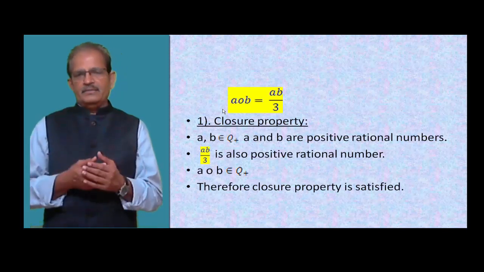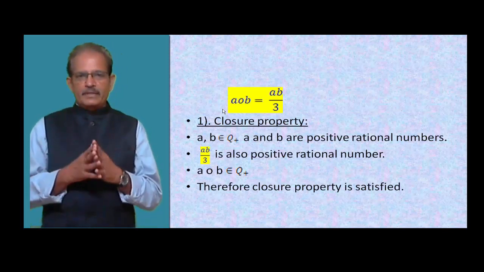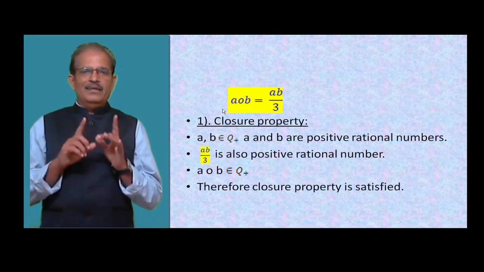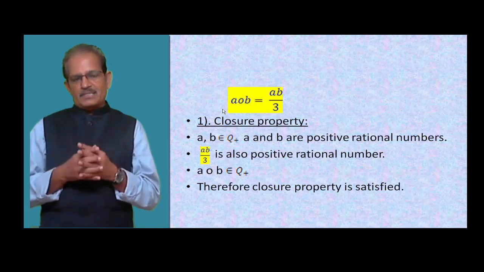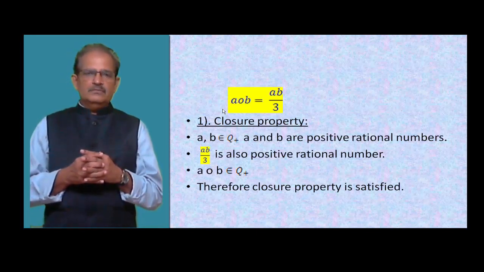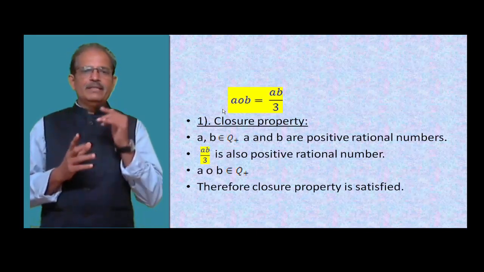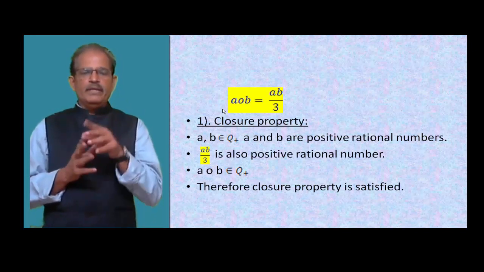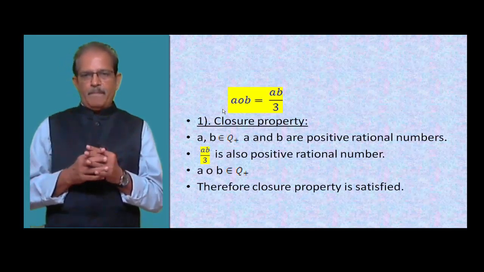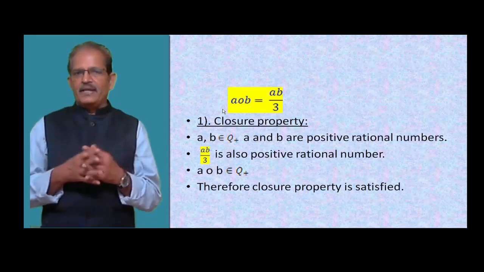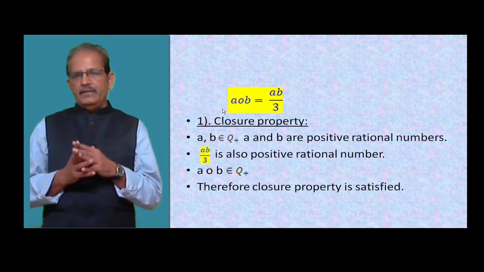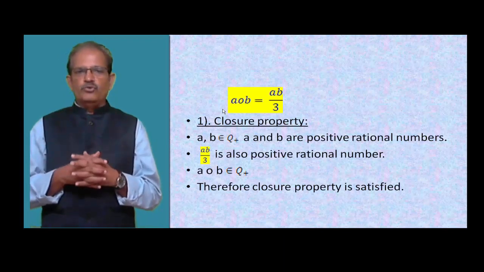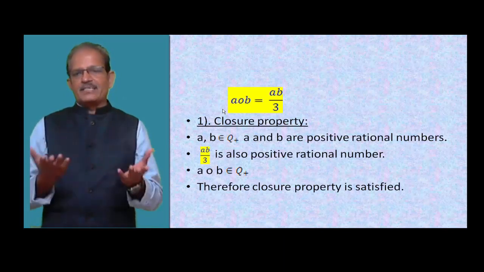So in the same manner, you go with the first, closure property. So A comma B belong to Q plus. A and B are positive rational numbers. So AB by 3 is also a positive rational number. So that means A O B belongs to Q plus. The closure property is satisfied because A O B is nothing but AB by 3, which is a positive rational number. It belongs to Q plus. So the closure property is satisfied.